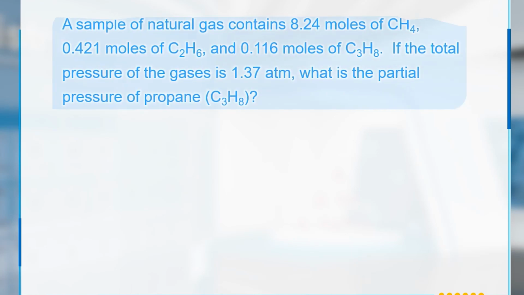A sample of natural gas contains 8.24 moles of methane, 0.421 moles of ethane, and 0.116 moles of propane. If the total pressure of the gas is 1.37 atmospheres, what is the partial pressure of propane?